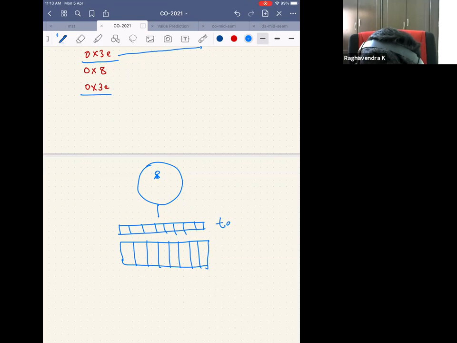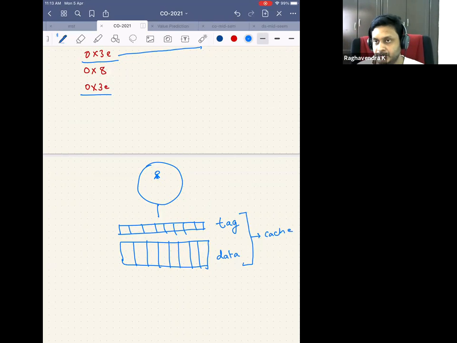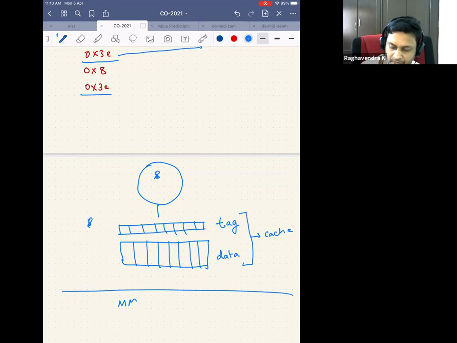This is called a tag. This entire thing is called the cache. So the cache has two parts to it, and both are hardware components. One is the tag component, the other is the data component, so it's a tag array and a data array. And then you have the main memory. Okay, so now how do I do this?